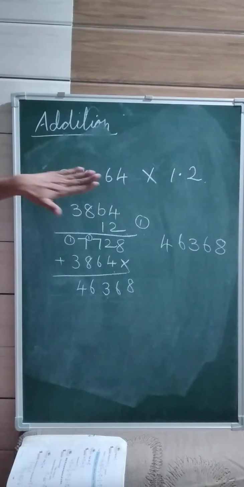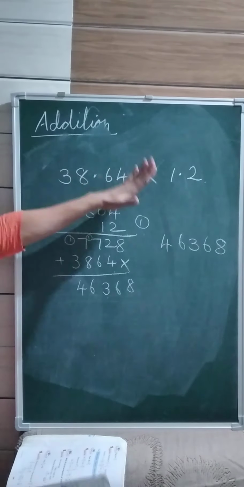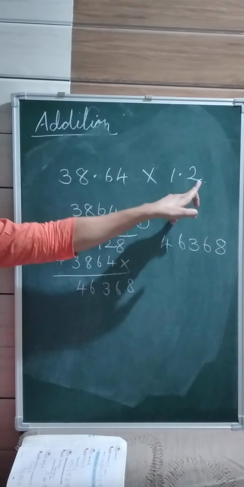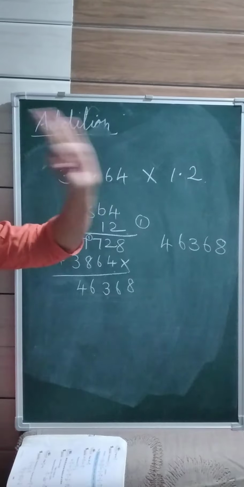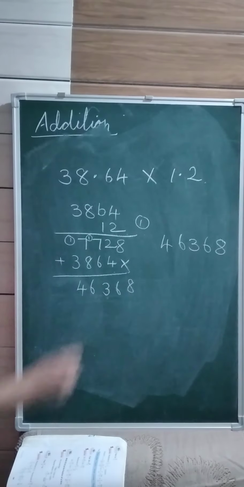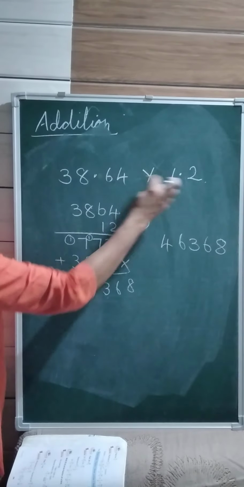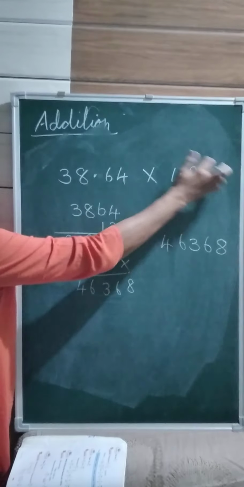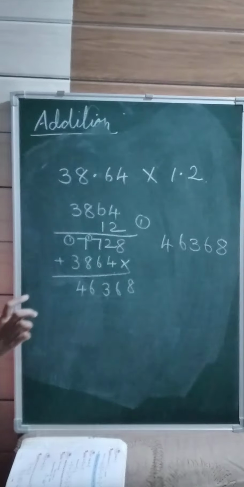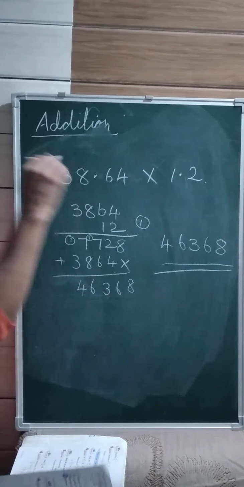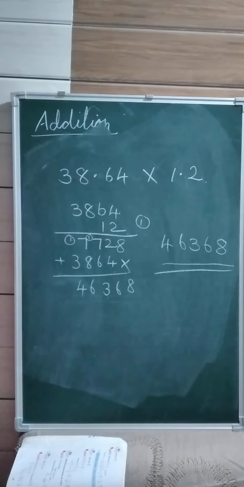Now in total how many decimal digits are here? Here 2 and here 1. That means a total of 3 decimal digits in the question. See, 1 2 3. So in the answer also we need 3 decimal digits.